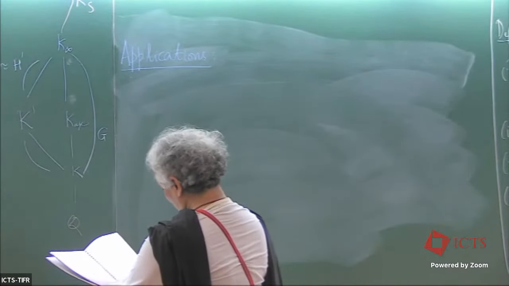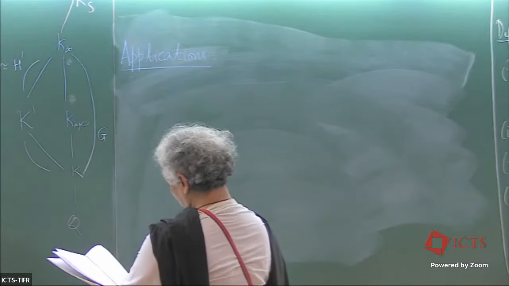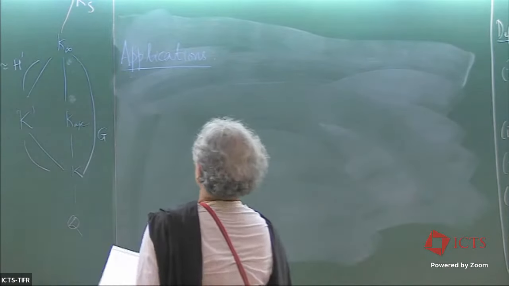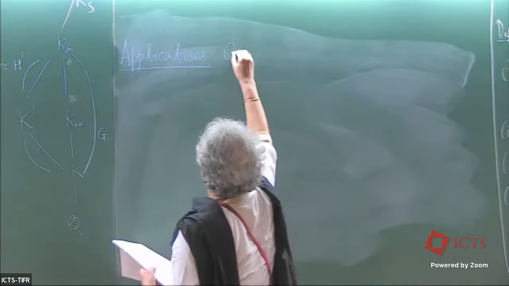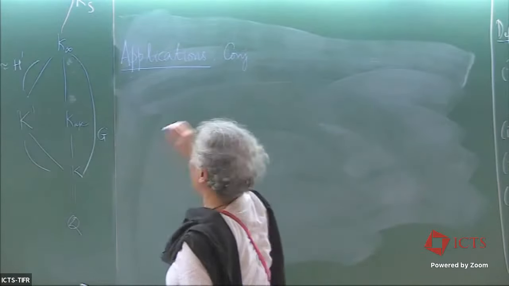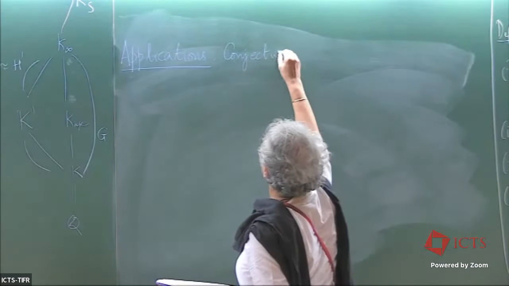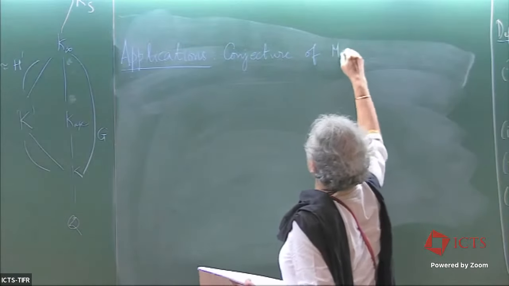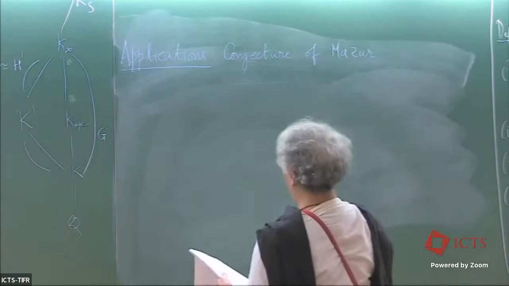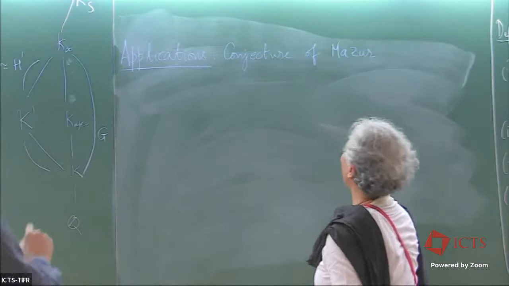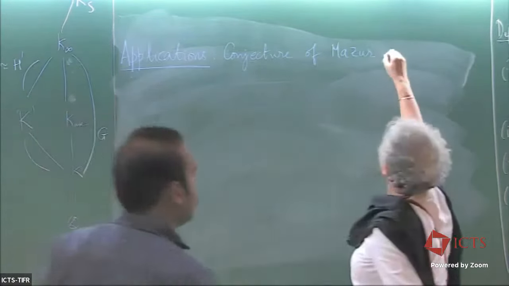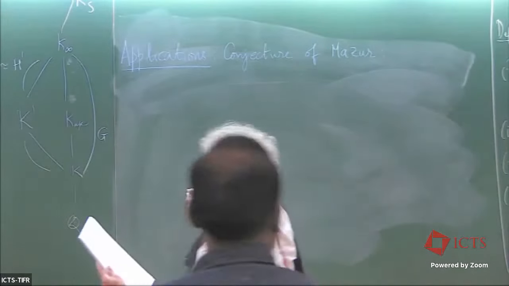There's an old conjecture of Mazur. Not the usual conjecture of the cyclotomic Selmer group being torsion, but this conjecture. I myself wasn't aware of this till we started working on this paper. Okay, a conjecture of Mazur, which states the following.